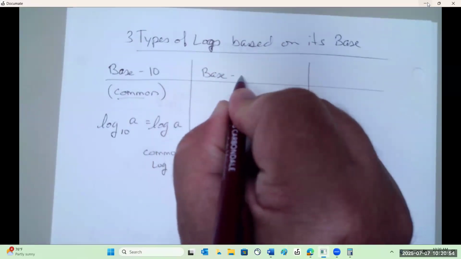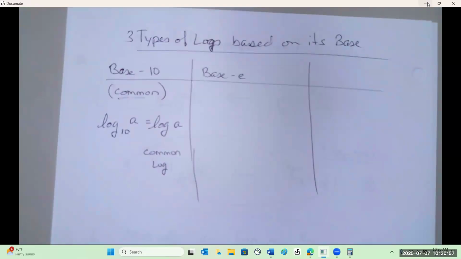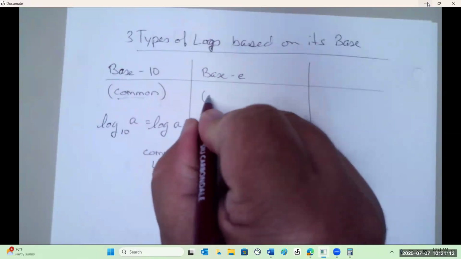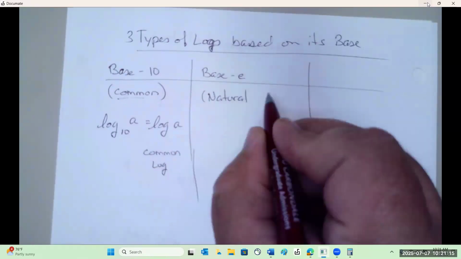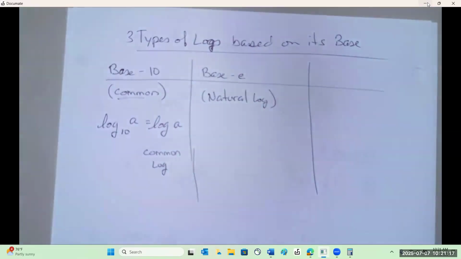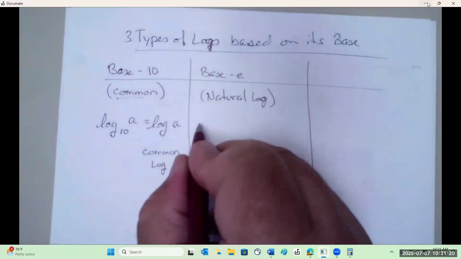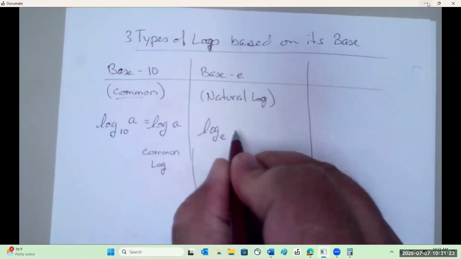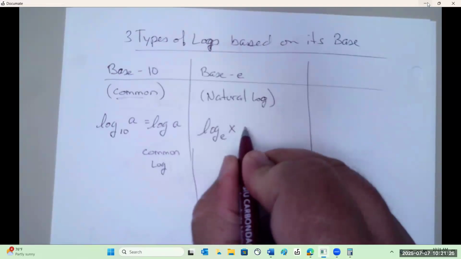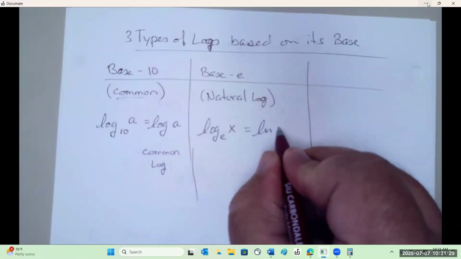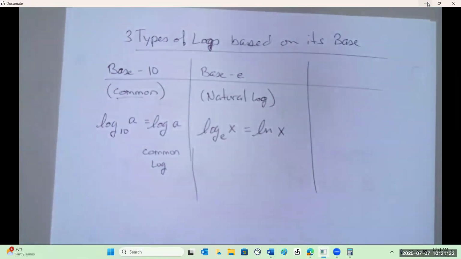The next one we use is base E. We use that for sciences, biology, chemistry, mathematics, physics. It's what nature does. It's how populations grow and decay. We call this the natural log. So if we have a log base E of X, then we can write it as ln of X. That's a natural log.